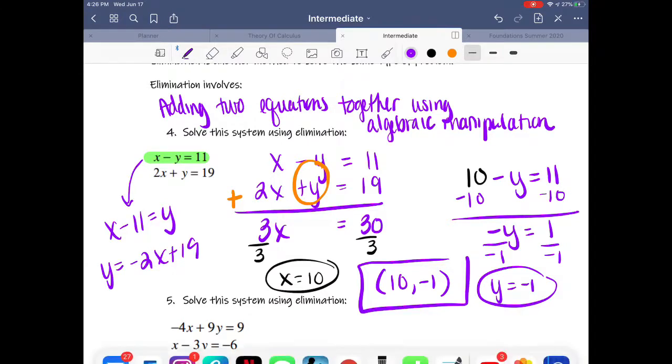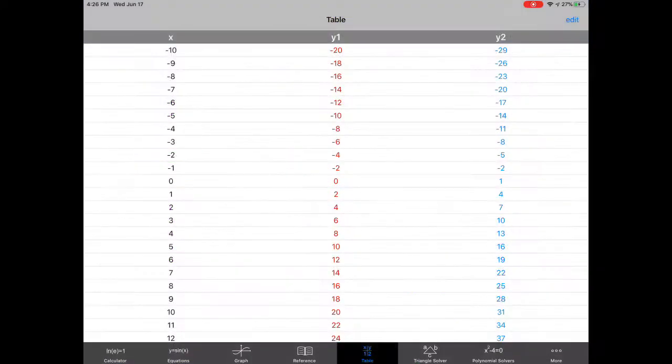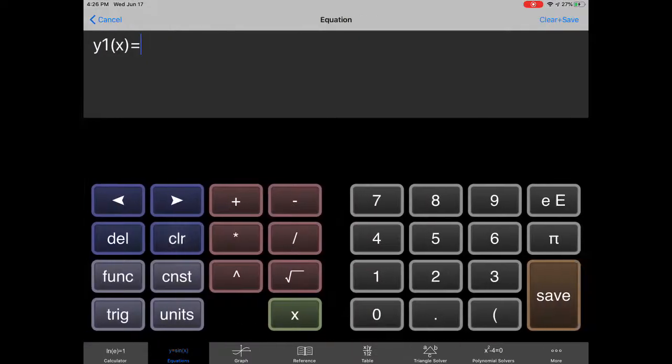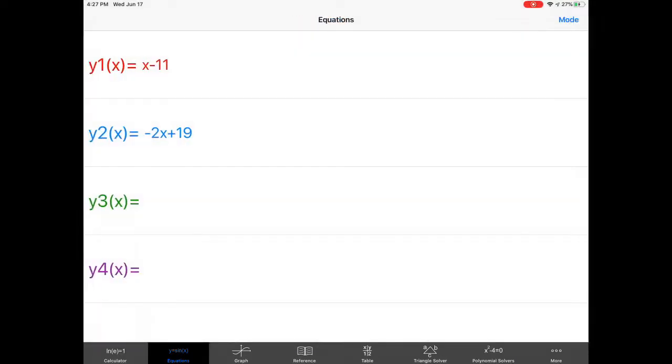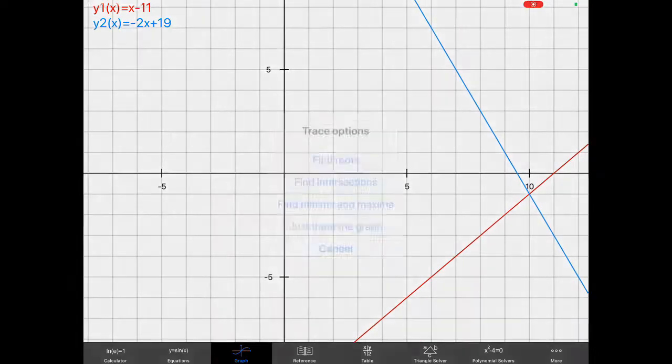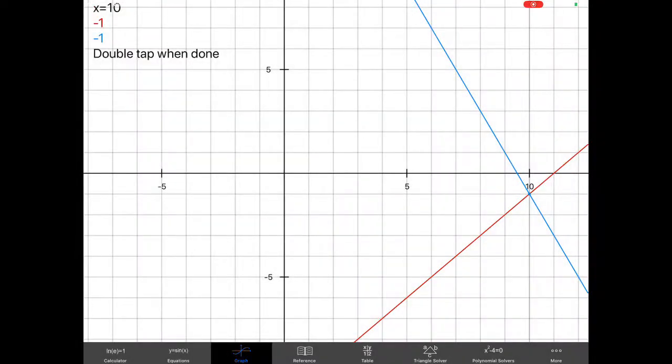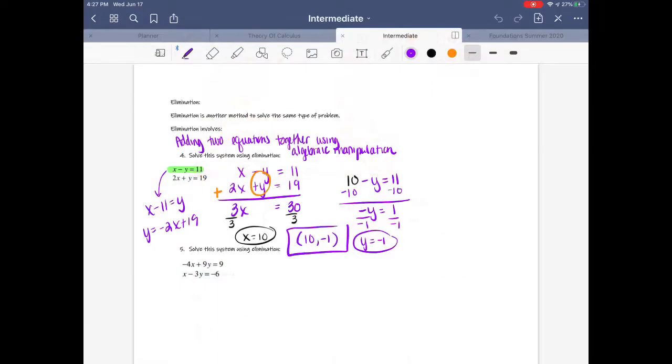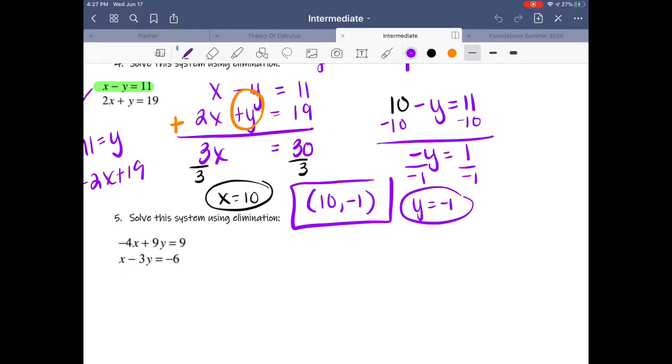And if I were to graph those, let's see, go here, x minus 11, negative 2x plus 19. Graph. A little hard to tell. There it is over here. Double tap, find intersection. Top left corner says 10, negative 1. So that means that my answer is correct.